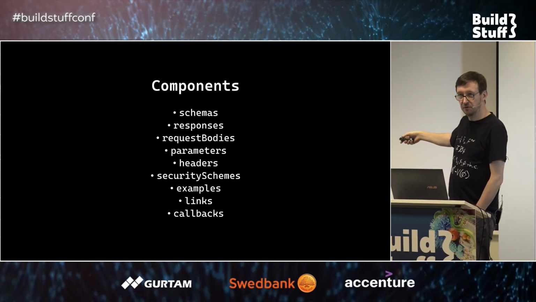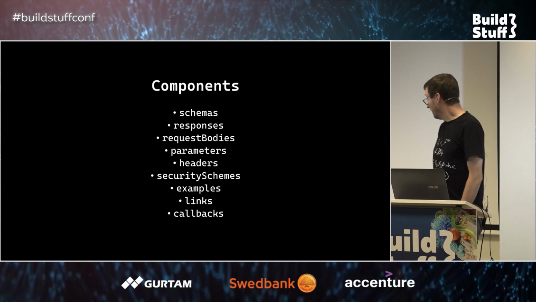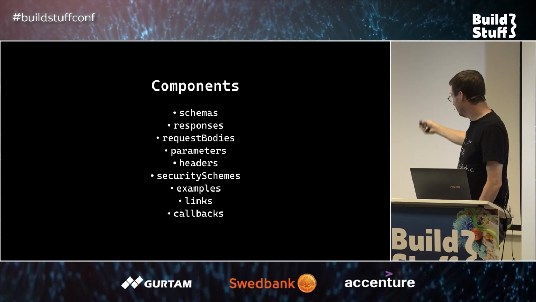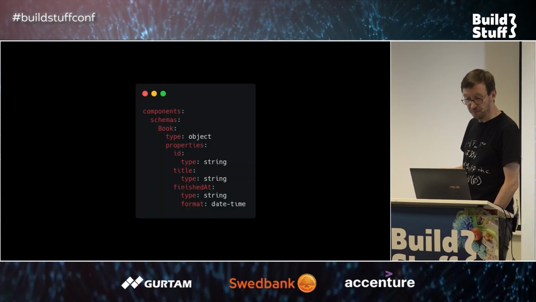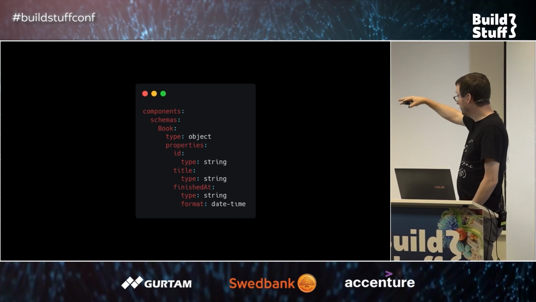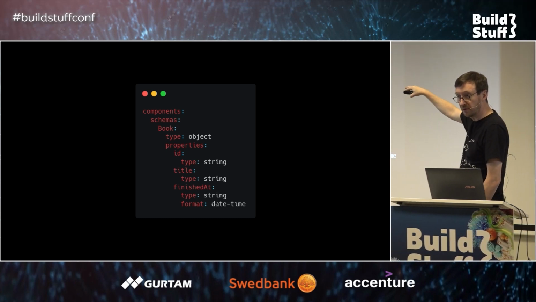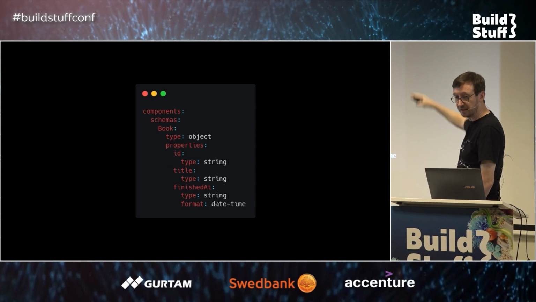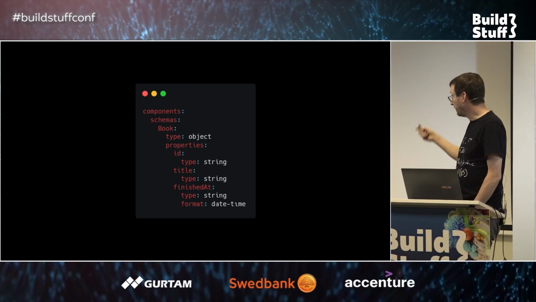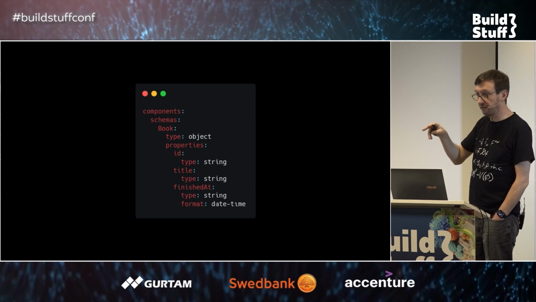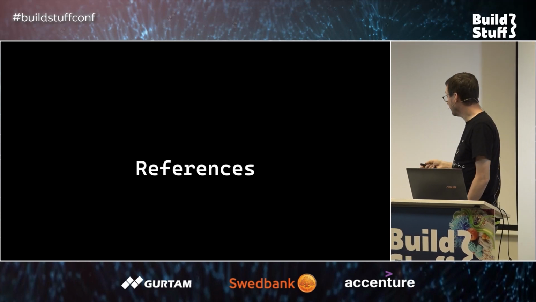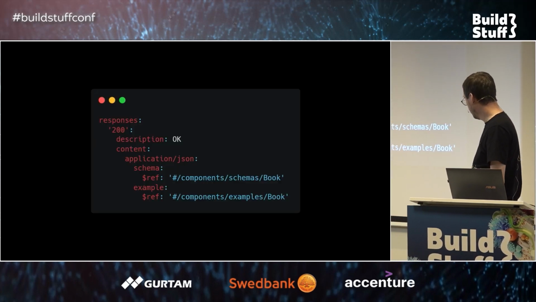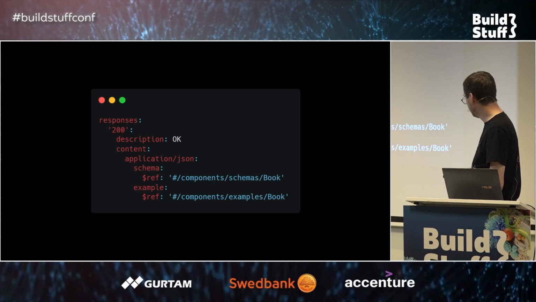Those last two I'm not particularly clear on, but the headers and so forth I will show you. And so you just have a components section. Components is a top level property in your YAML file. And then within that you have schemas, and then you have another one for examples and all that sort of thing. And then you reference those with those $ref properties at other points in the file. So yes, references look like that.